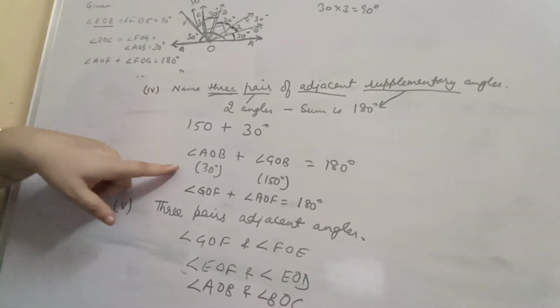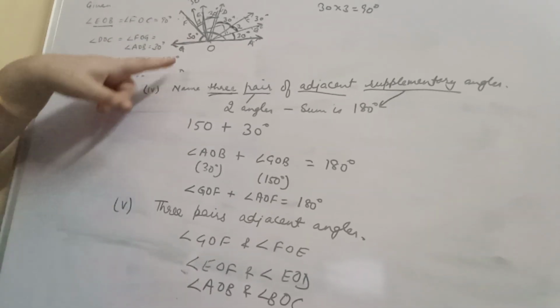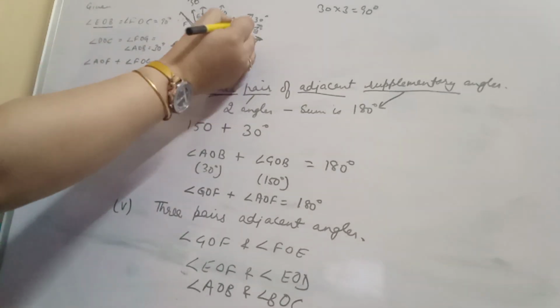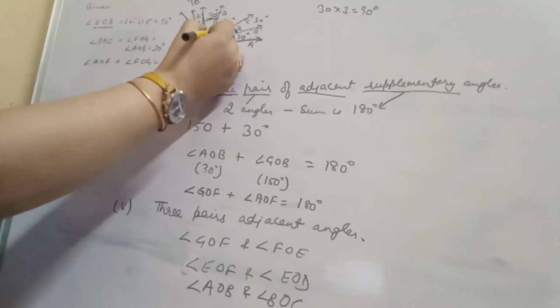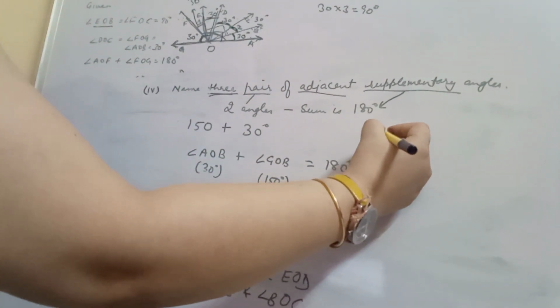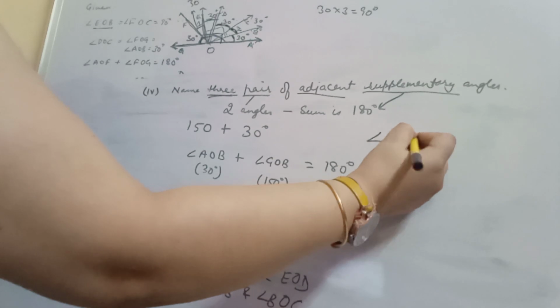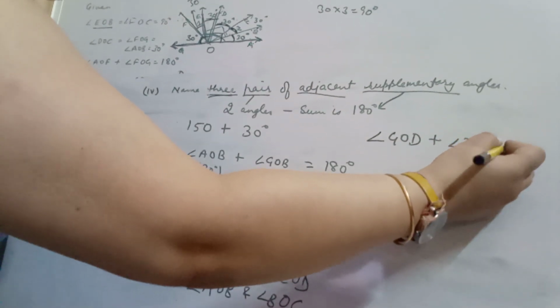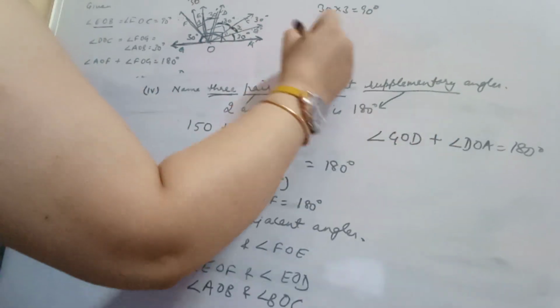One more pair of adjacent supplementary angles here: I got 30, 30, 30. This is 90 degree and this is also 90 degree. So the third adjacent supplementary angle would be GOD plus angle DOA, which gives me 180 degree.